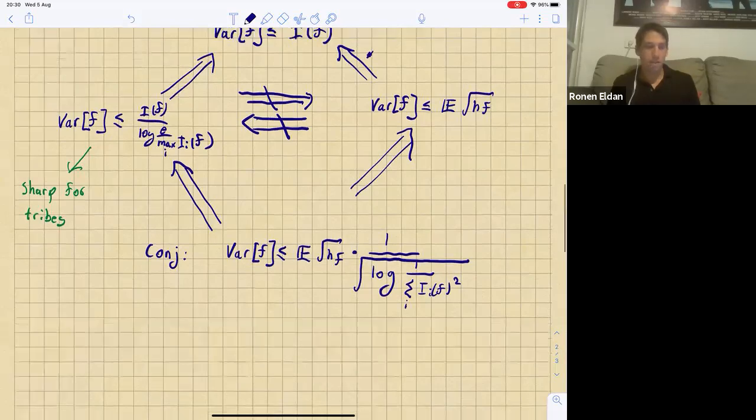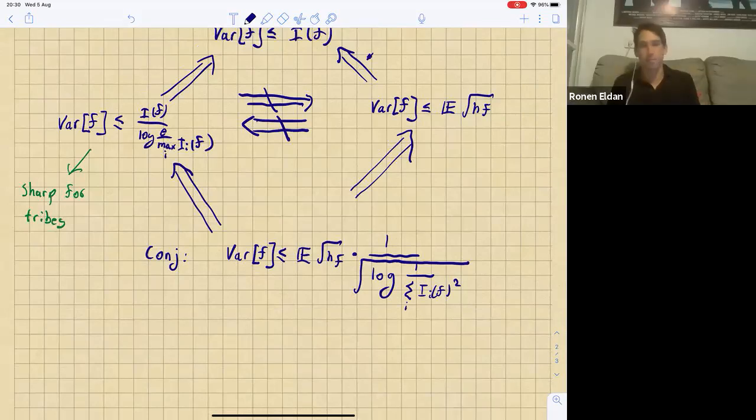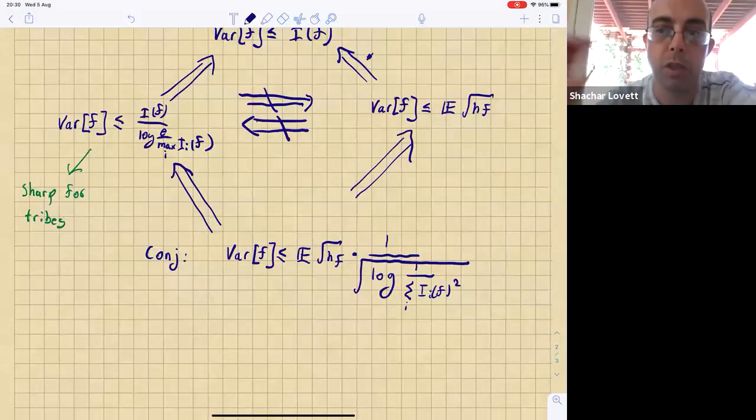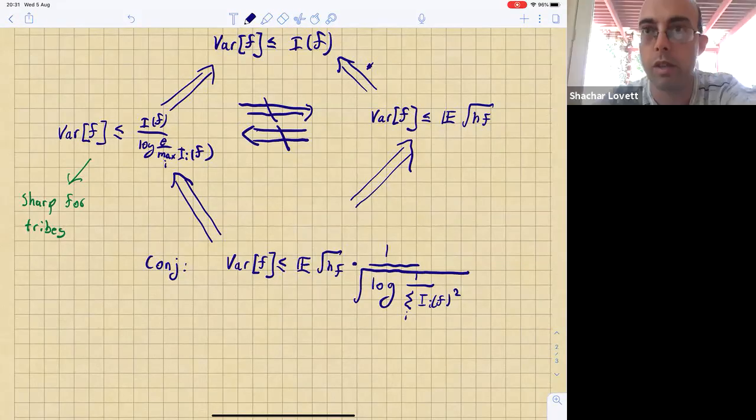For example, KKL really needs the fact that all the derivatives can be either 0, 1, or -1. It really just uses the fact that the derivatives are either 0 or something significantly bounded away from 0. So if it's approximately Boolean, it's still okay?